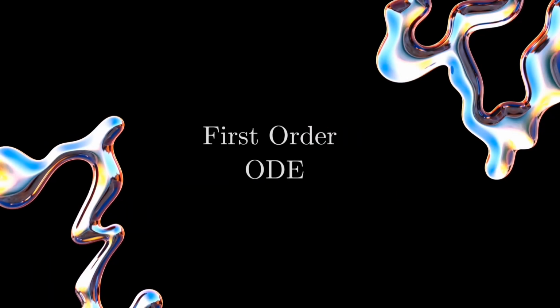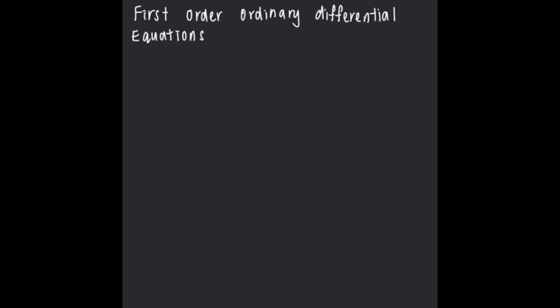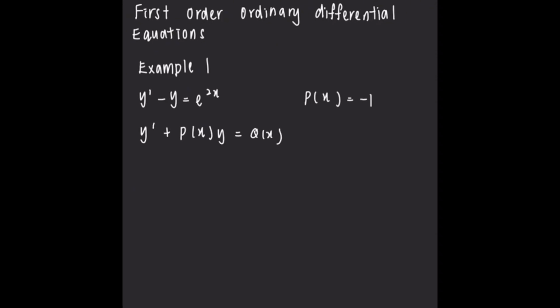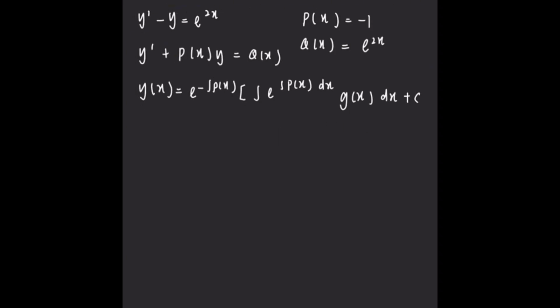Now we will dive into a demonstration for the first order ODE. Let us do some examples on first order ordinary differential equations. Example 1, the question is y prime minus y equal to e to the x. As it is in standard form, we know that p(x) equals -1 and q(x) equals e to the x. Let us plug p(x) and q(x) into the integrating factor.